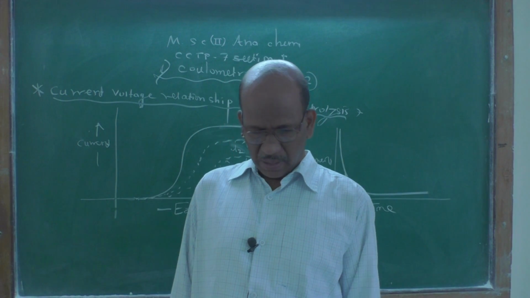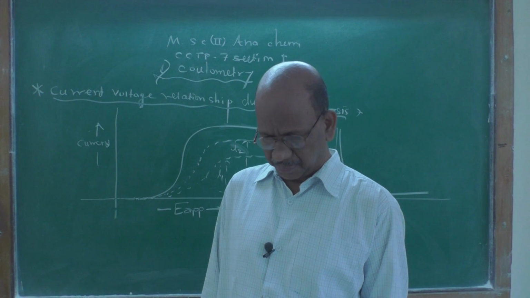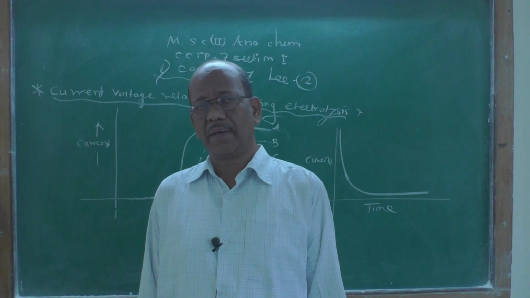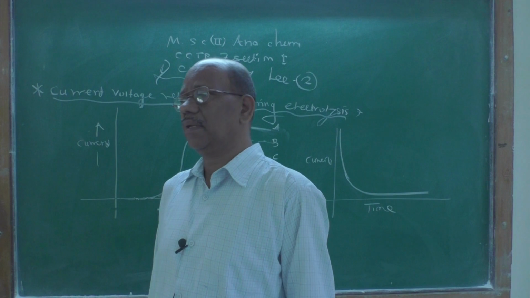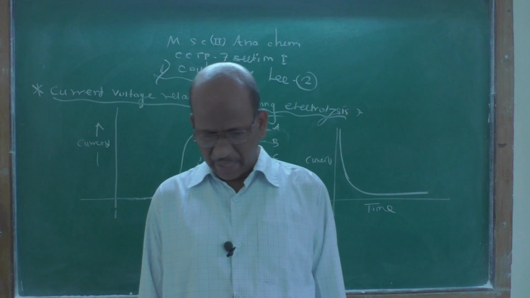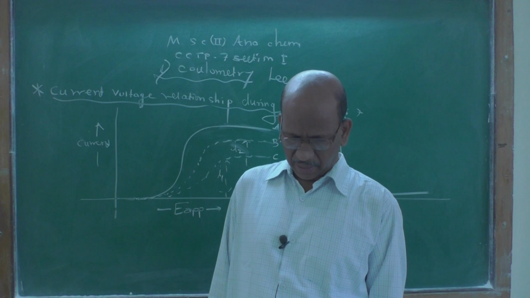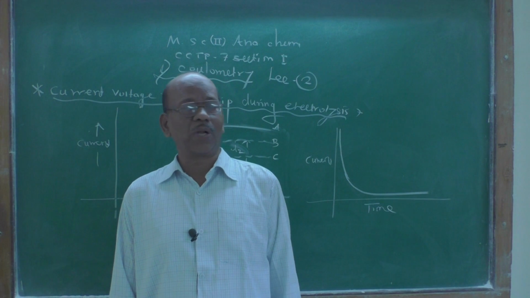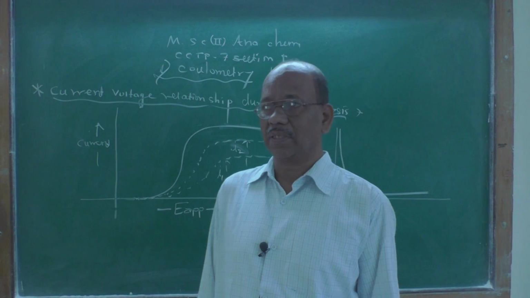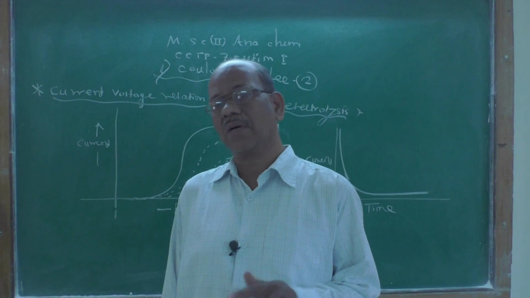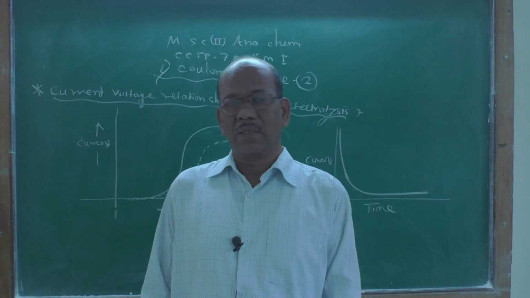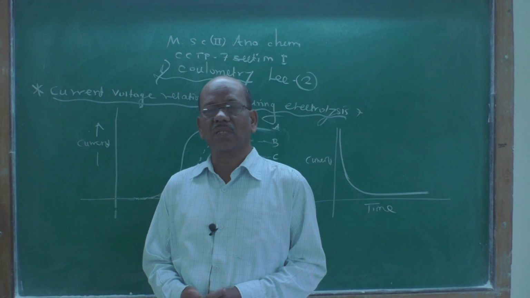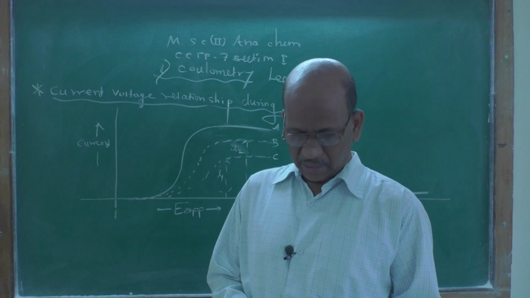In the second method, it is coulometric analysis with constant current at the working electrode. So either you keep the applied potential constant, or you take the current constant.